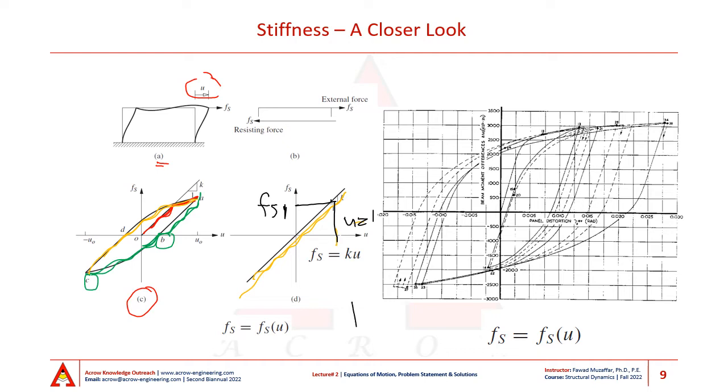So my k value would simply be fs1 over u equal to 1, which is equal to fs1.